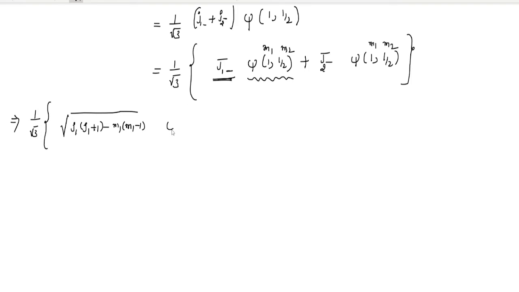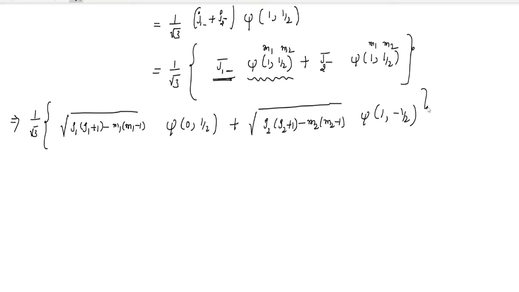So I got here wave function psi 0 comma 1 divided by 2 plus root j2 eigenvalues, j2 plus 1 minus m2 minus 1. So if we decrease the m2 state by 1, because of the lowering operator minus, 1 divided by 2 minus 1 divided by 2, you get minus 1 divided by 2, right?